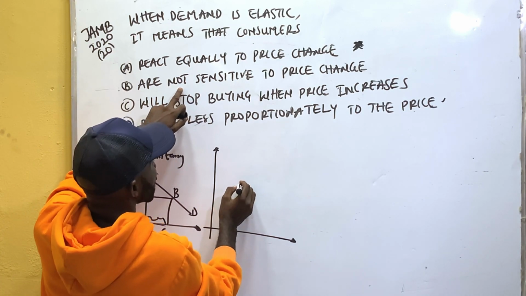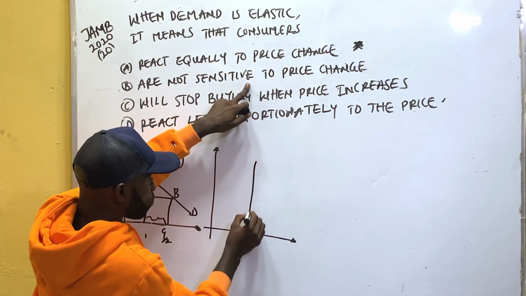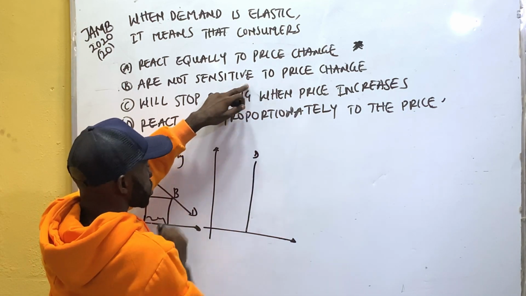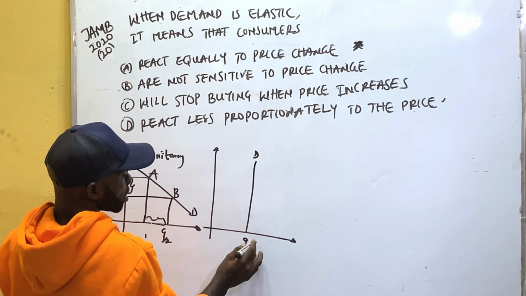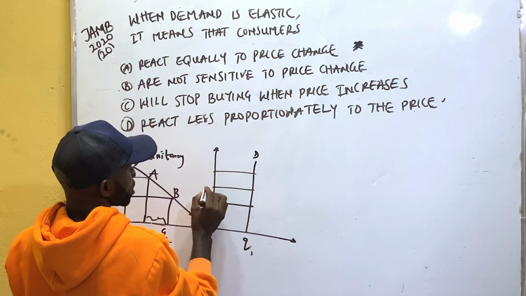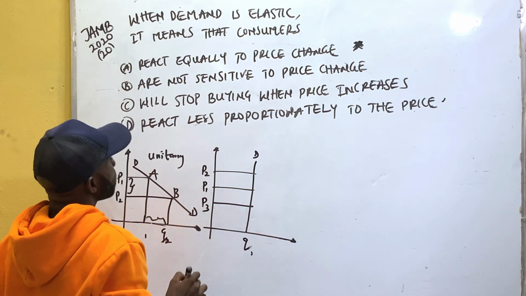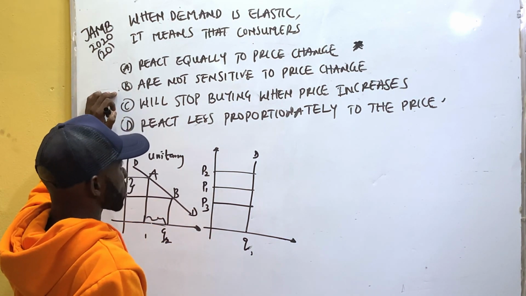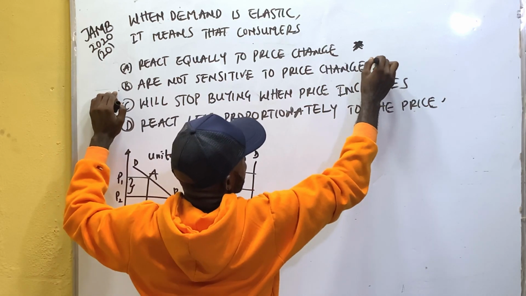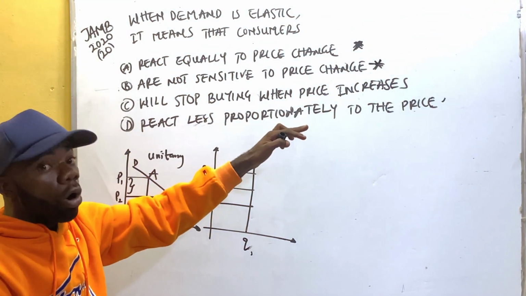Perfectly inelastic, not sensitive, the same thing. And that's what we have when the diagram for demand looks this way. We have quantity and then price changes without any change in quantity. Yeah, we can say that option B is correct, but that's not the case we have here, because in elastic, consumers will react more.